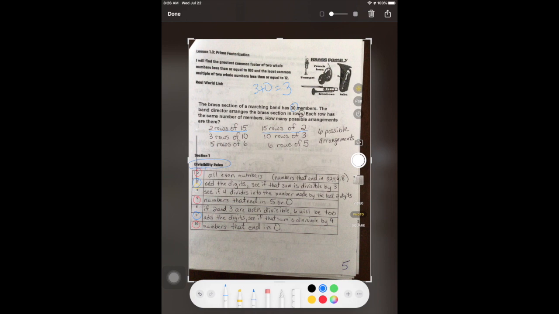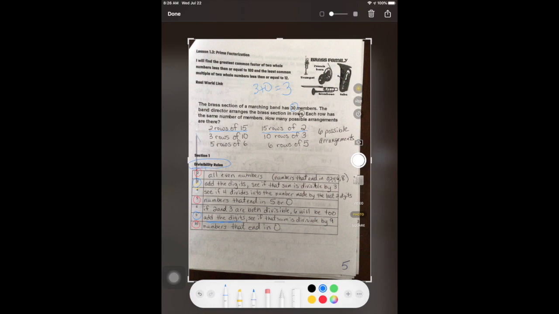So that means 3 is a factor of 30, okay? If I look at the 9 rule, same idea. I add the digits of the number. 3 plus 0 is 3. Does 9 divide into 3? No, 9 does not divide into 3 because 9 is larger than 3. So 9 is not a factor of 30.